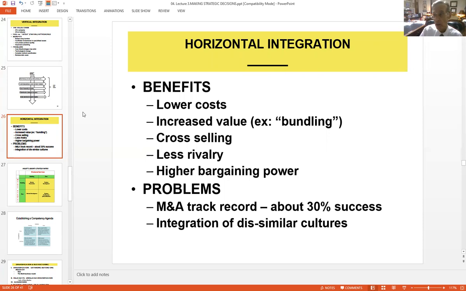This happens in the finance industry by way of example. So if a bank doesn't have a trust department, there we go, it may acquire a bank that has a strong trust department in order to gather up clients which are really trusts, that is, collections of assets on behalf of beneficiaries.